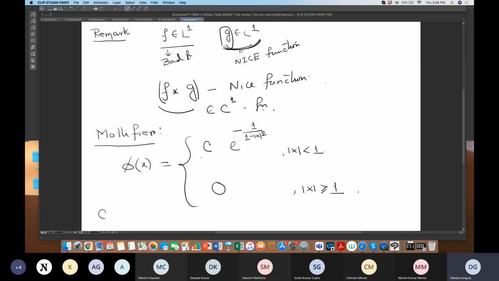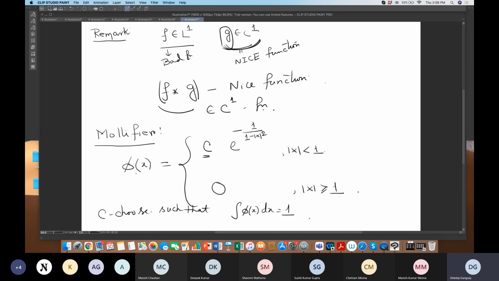This constant is chosen such that the integral of phi dx equals 1. You can tell me how this constant C is chosen so that the integral of phi is 1. You know the meaning of that.